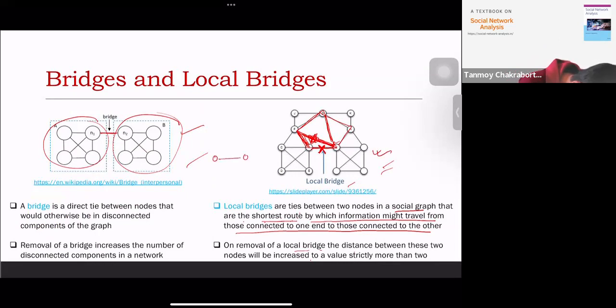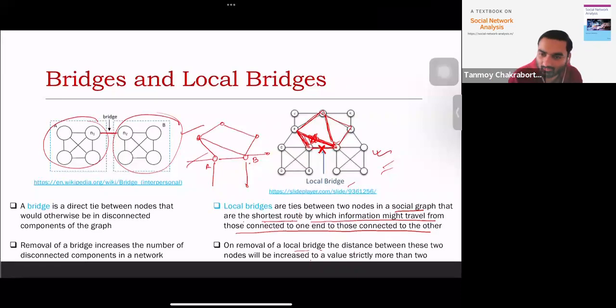Let's assume that this is there, this is A and B, this is there. In this particular case, A and B do not share any mutual neighbors, whereas if there was an edge like this, then A and B share a mutual neighbor here, right?